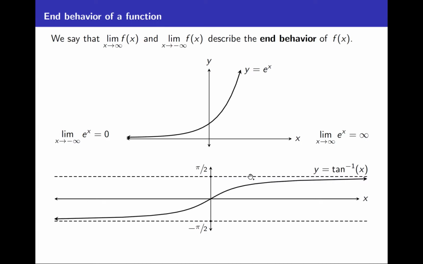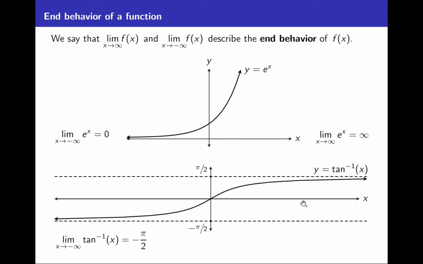The vertical asymptotes of tangent turn into horizontal asymptotes for tangent inverse. And you see here that as x approaches negative infinity, tangent inverse of x is just getting closer and closer to negative pi over 2. We write the limit as x approaches negative infinity of tangent inverse of x equals minus pi over 2.